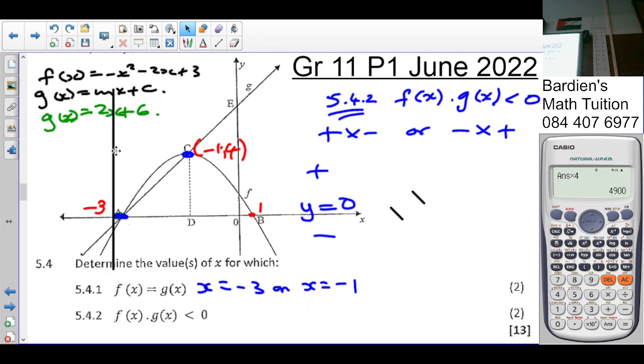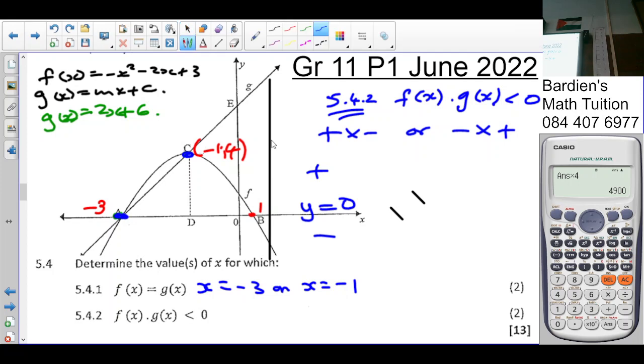Can you see both are below the line? Here, that is 0. We're not interested in that. Here, both are above the line. Can you see that, people? Both are above, above, above, till then. What happens here? Still both are above. From here onwards, one is above and one is below. Can you see that? So, what do we say? To answer this question, x has to be greater than 1.